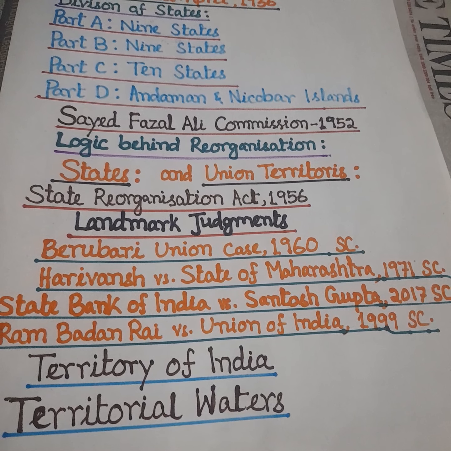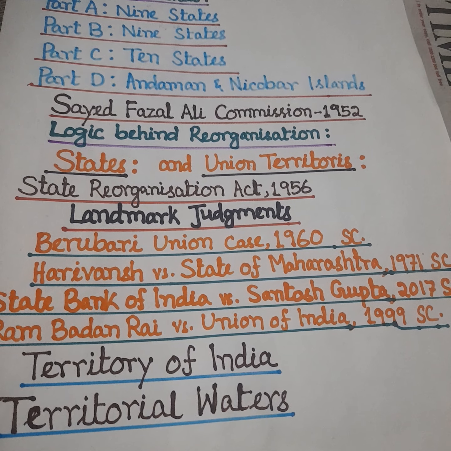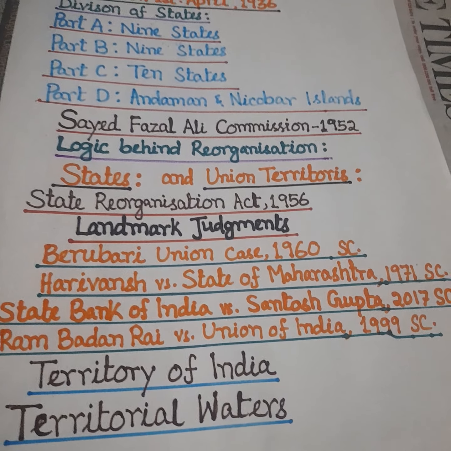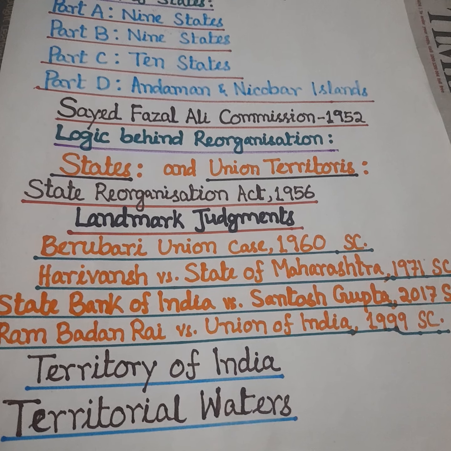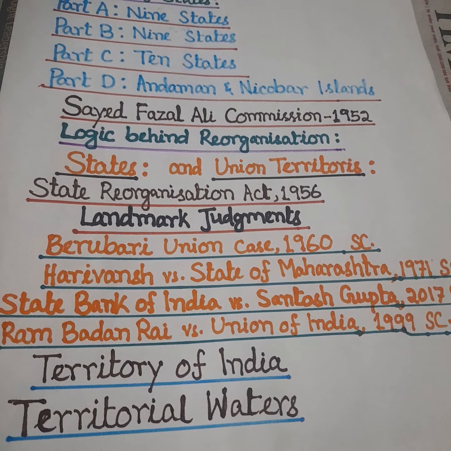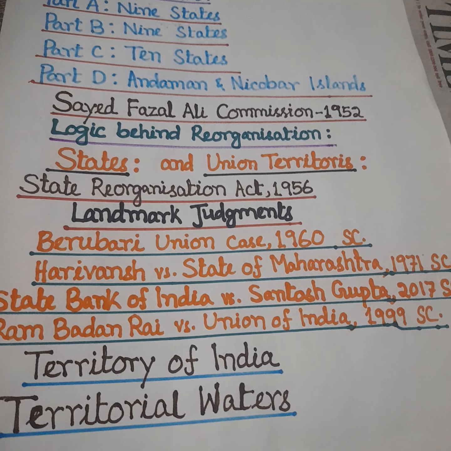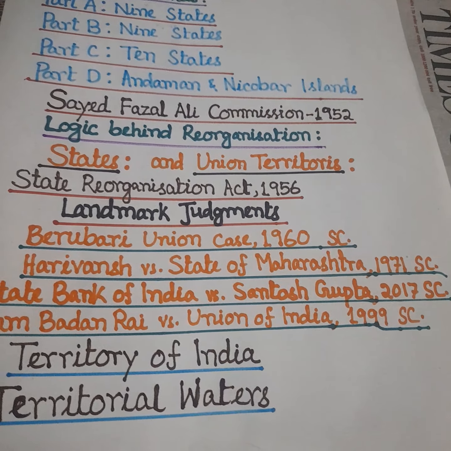At present, recently in 2019, the state of Jammu and Kashmir was divided into two union territories, the union territory of Jammu and Kashmir and the union territory of Ladakh.